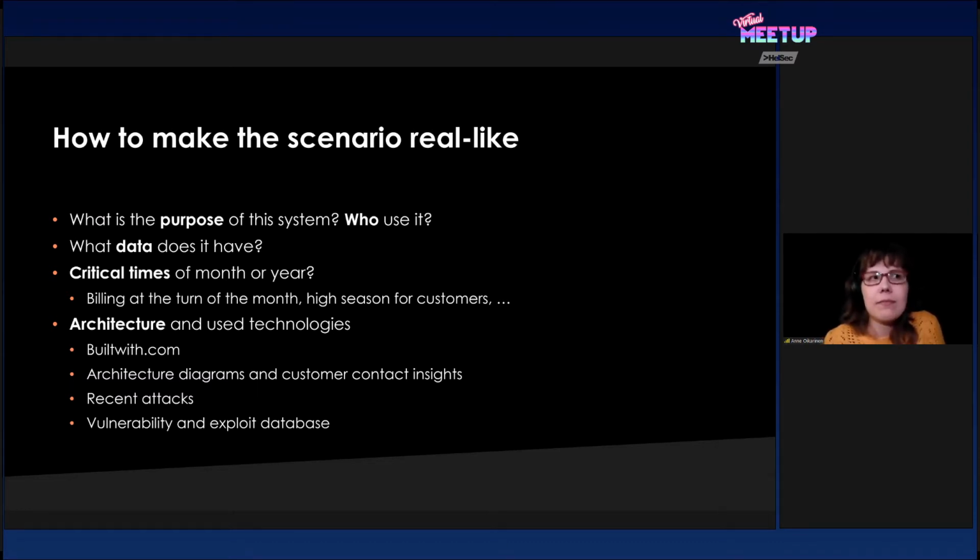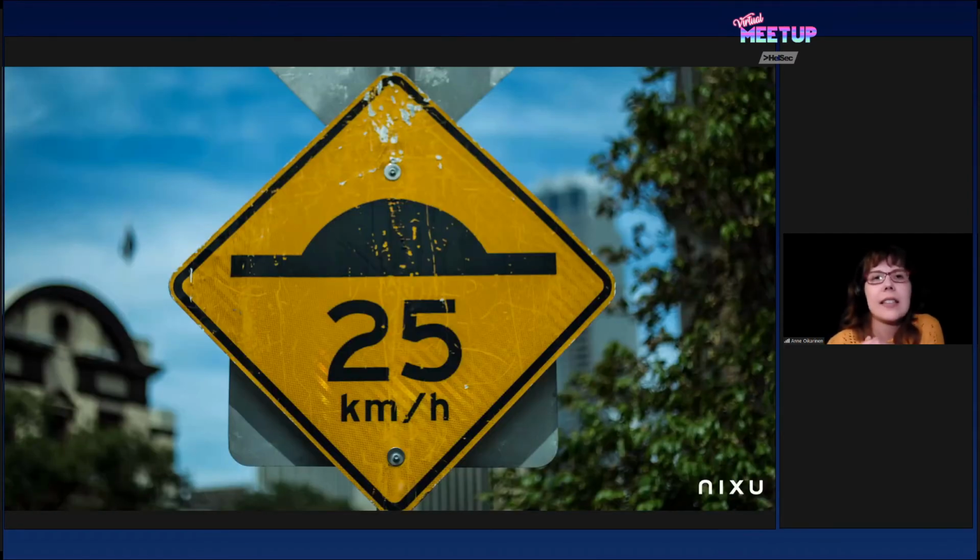Now that I think of it, it's like hacking on paper. You plan how you would attack a system.